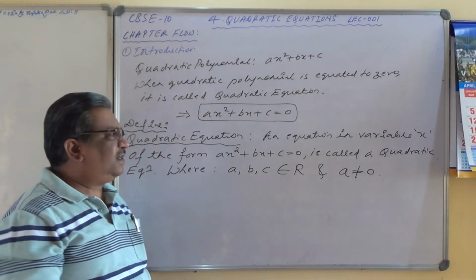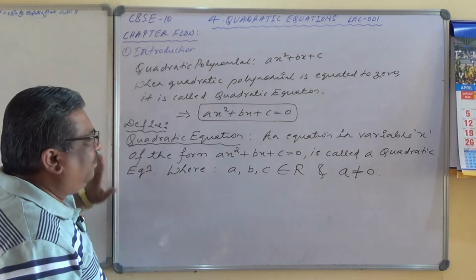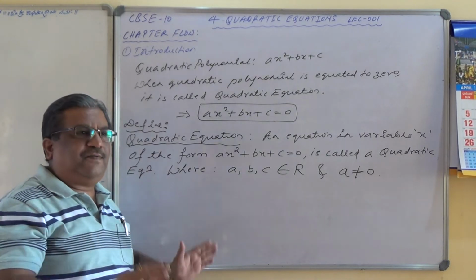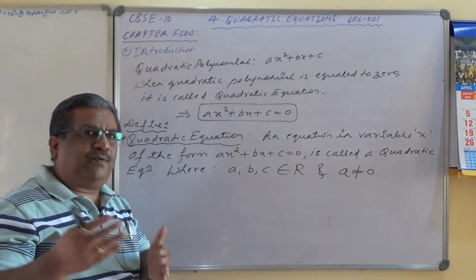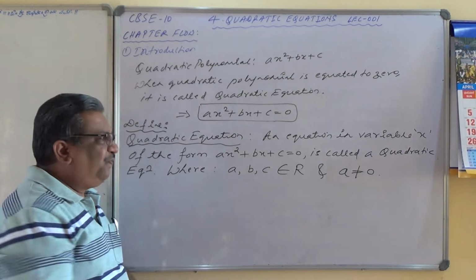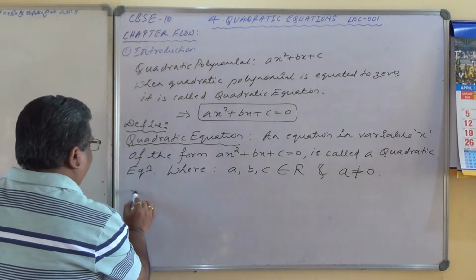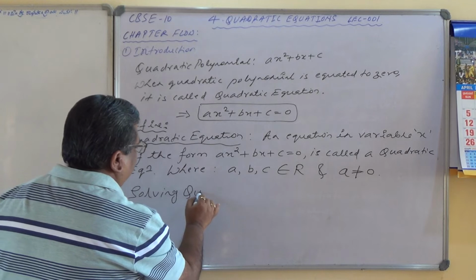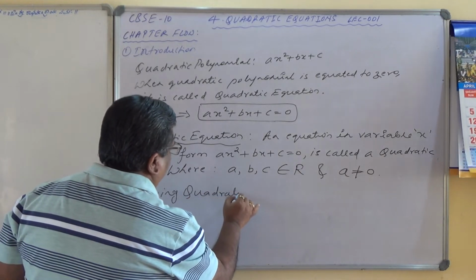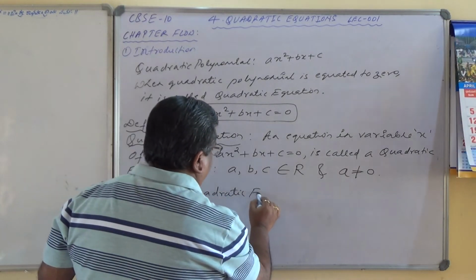Now, after understanding this quadratic equation, let us study what we mean by solving a quadratic equation, and the meaning of roots and zeros. First of all, what is solving quadratic equations?